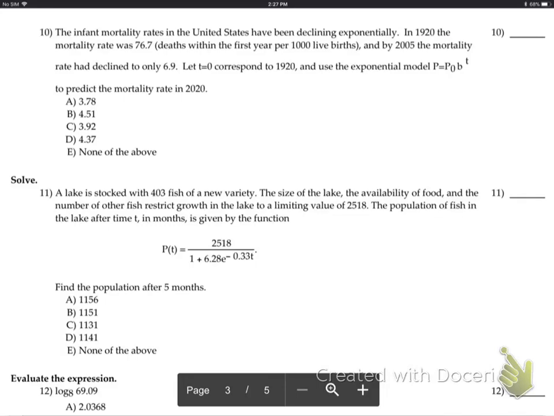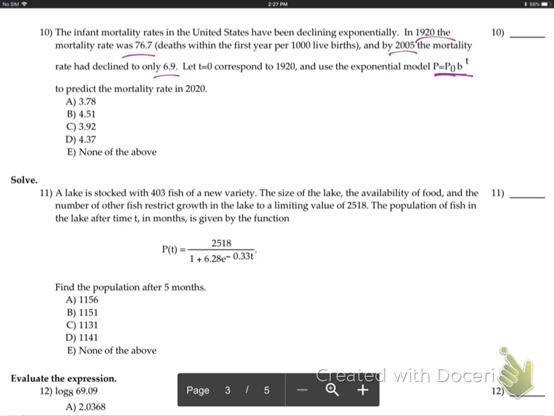In 1920, it was 76.3. In 2005, it was that. Oh, but this is not linear. It's exponential. These are hard. So number 10 is hard. They're saying this mortality rate is going down.